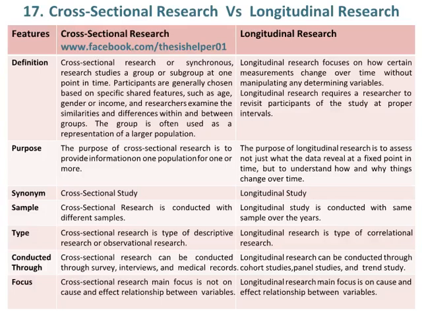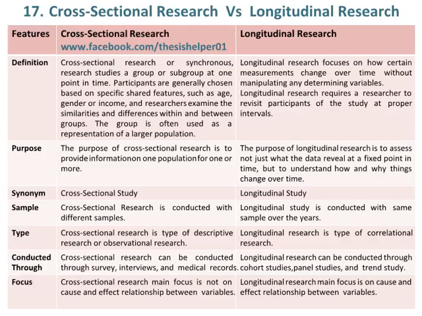The purpose of cross-sectional research is to provide information on one population at one point in time, whereas the purpose of longitudinal research is to assess not just what the data reveal at a fixed point in time, but to understand how and why things change over time. A synonym of cross-sectional research is cross-sectional study, whereas a synonym of longitudinal research is longitudinal study.